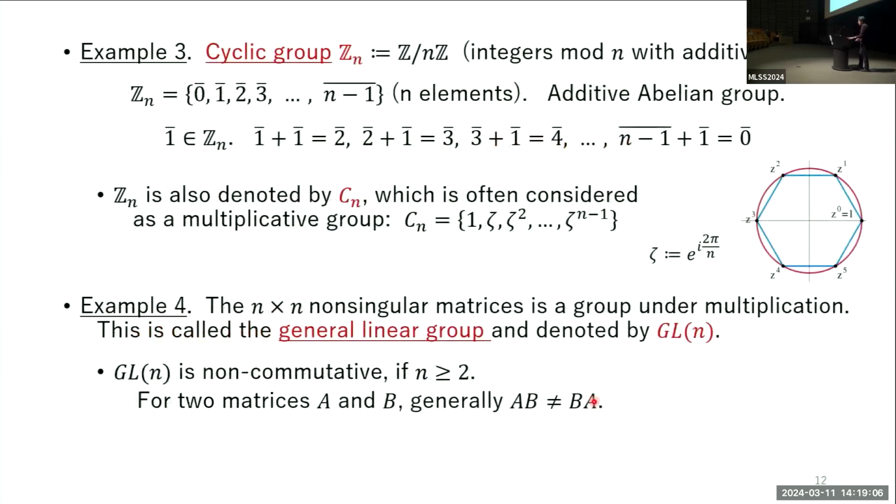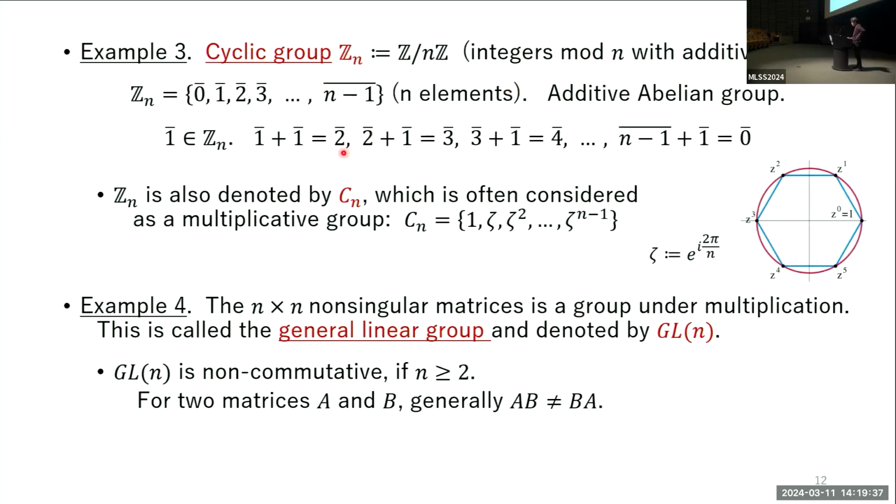Okay, here are other examples. So this is a finite group, which means we have only a finite number of elements in a group. So this is the simple group of integers modulo n. If you consider integers modulo n, that makes an additive group.